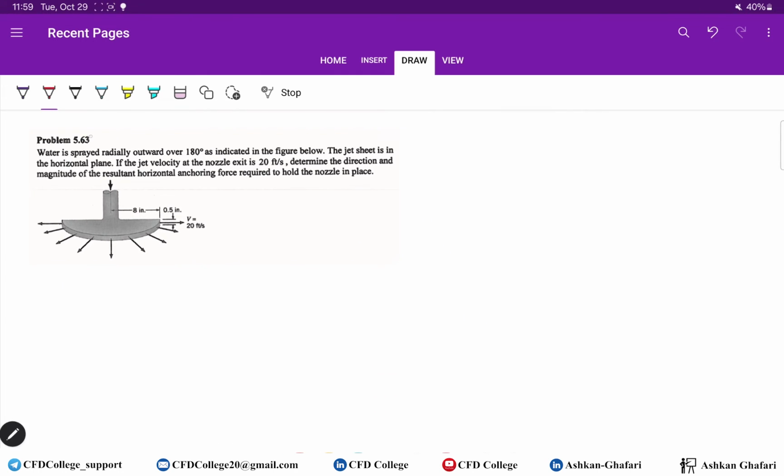Problem number 63. Water is sprayed radially outward over 180 degrees as indicated in the figure below. So the jet sheet is in the horizontal plane.